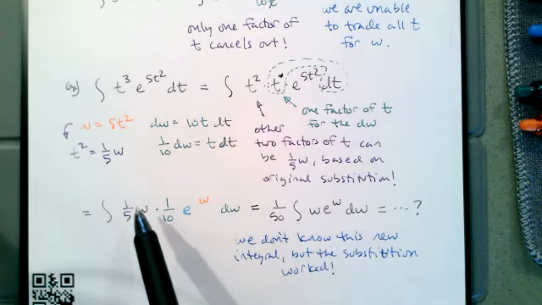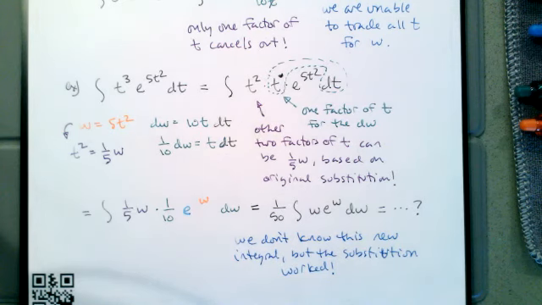Having radicals in this construction becomes a problem that we'll see when we get to integration by parts. Not a problem that we can't deal with, just not a problem that we can easily deal with. And we can't really make the substitution work in a nice way.